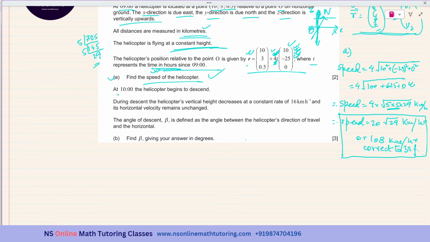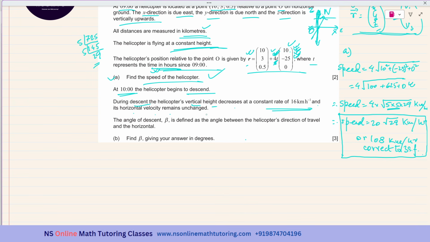At 10 a.m., the helicopter begins to descend. During descent, the helicopter's vertical height decreases at a constant rate of 16 kilometers per hour, and its horizontal velocity remains unchanged.